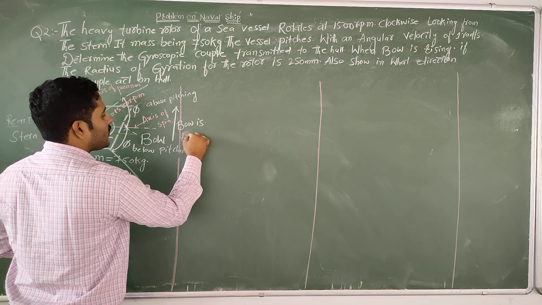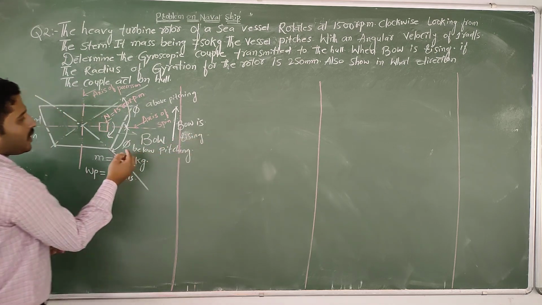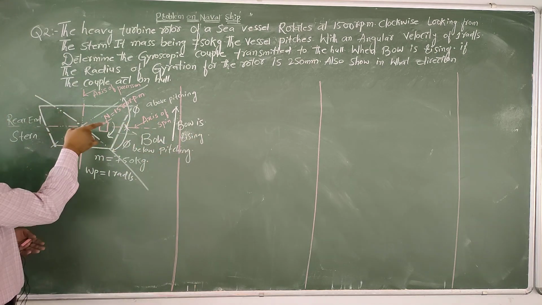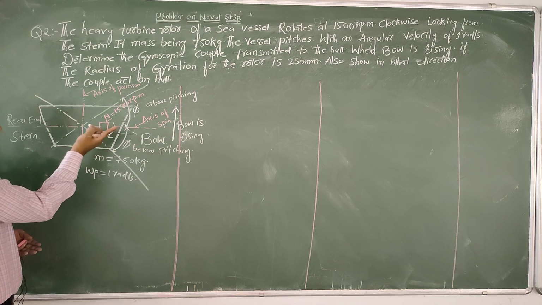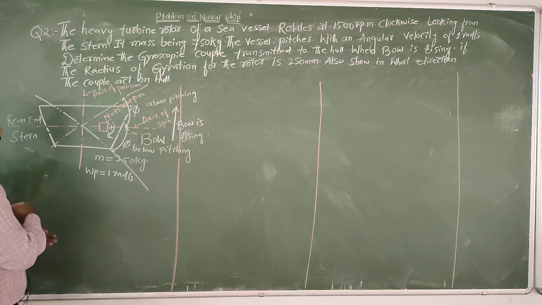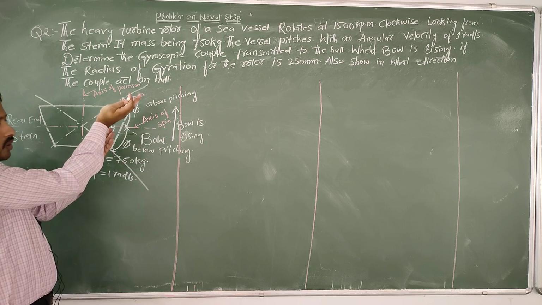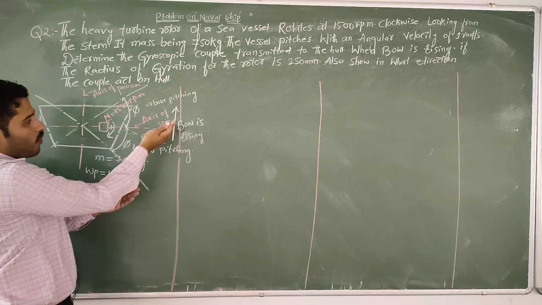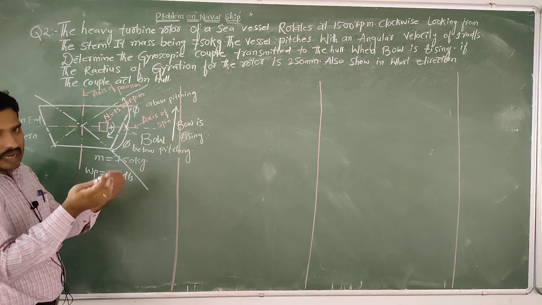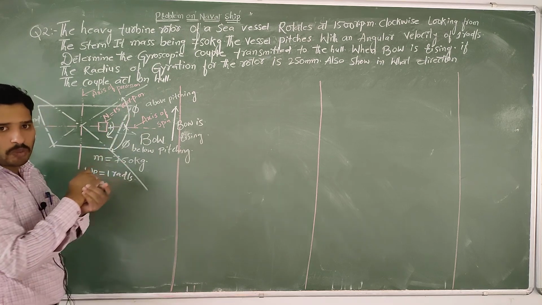This means that the gyroscopic couple direction will be negative, because the rotor is rotating in clockwise direction, which is positive, and the bow is rising above the axis of spin. It is considered as a left turn, positive into negative, so it should be negative.